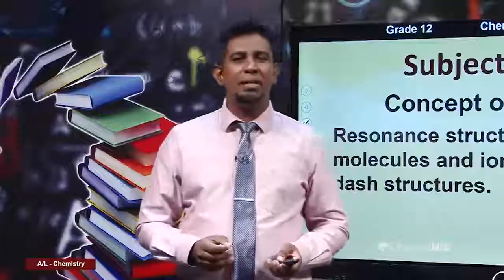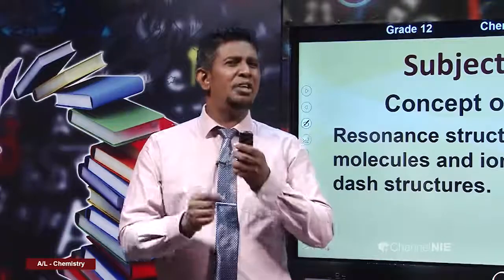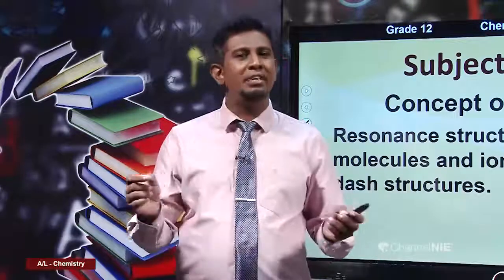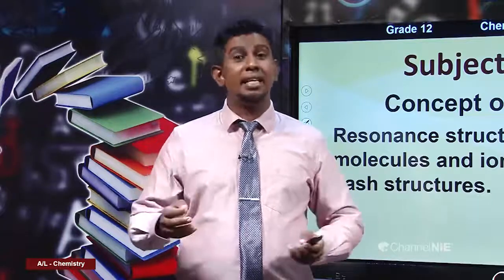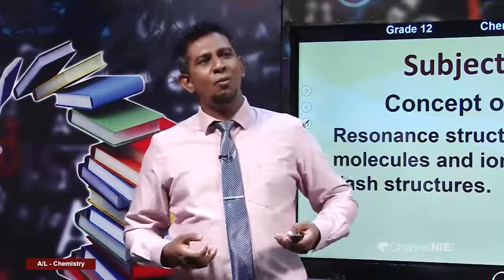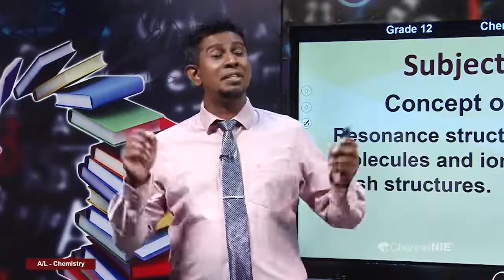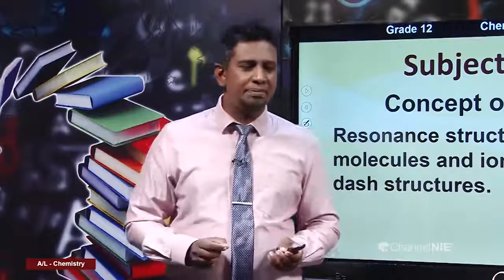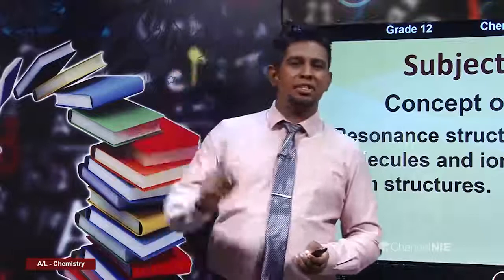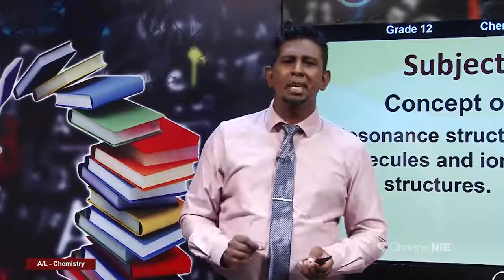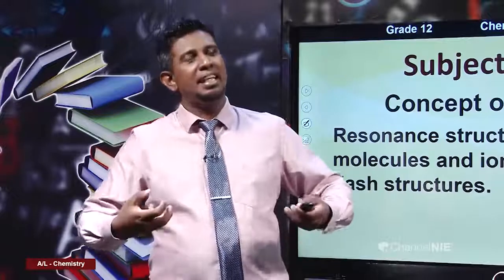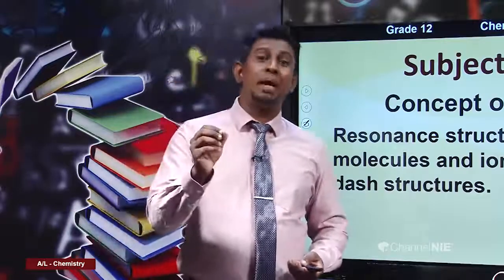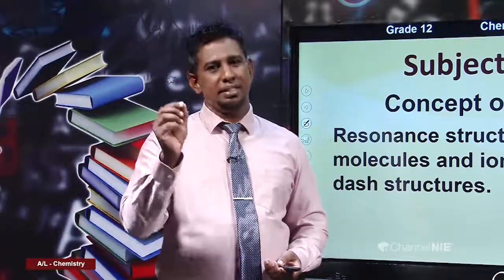Hope you can remember. Let me recall your memory regarding what we did last time. Students, we started finding out the suitable way of representing a molecule, with bonding shown as a dash or short line, and non-bonding electrons as a pair of electrons or, rarely, single electrons.